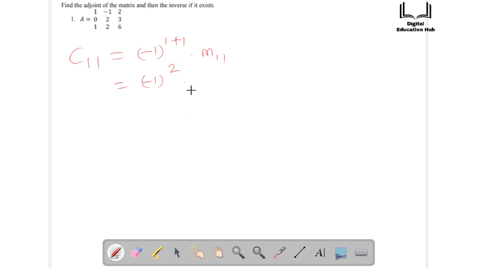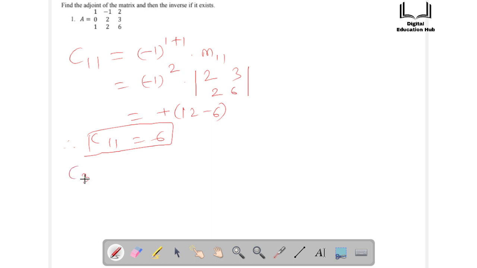And minus 1 raised to an even number is plus, so I don't need to write it. That answer can be given as plus of 12 minus 6, and the answer would be 6. That is C11.